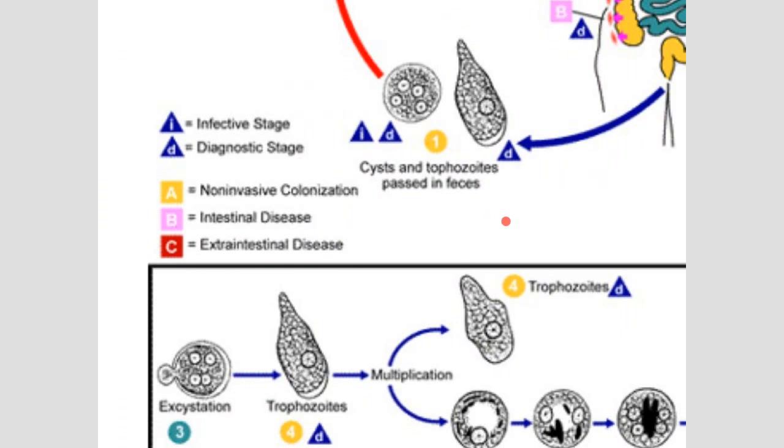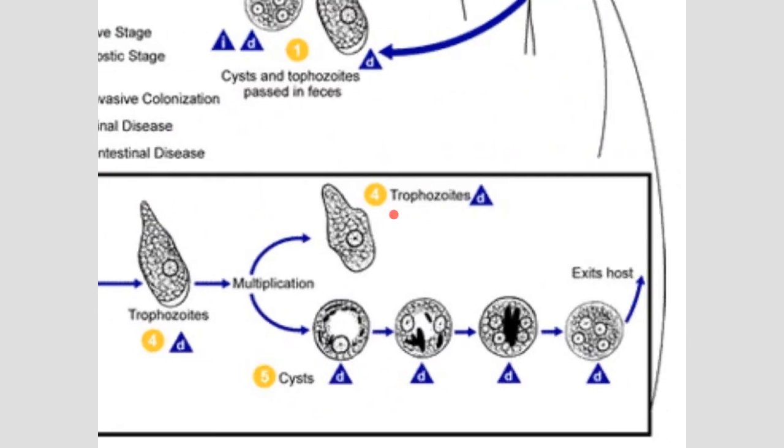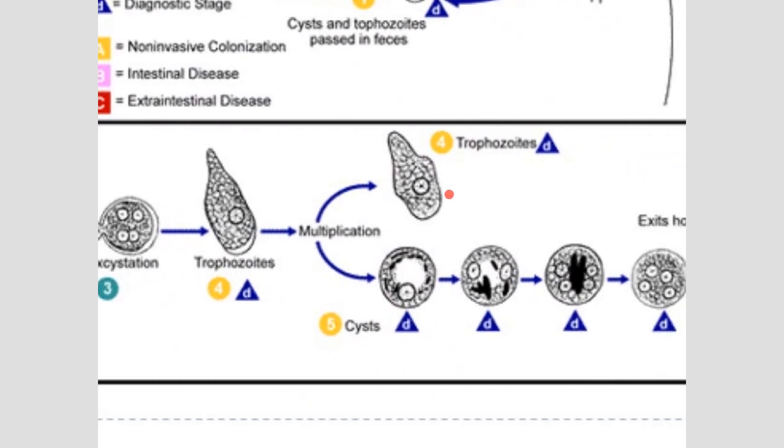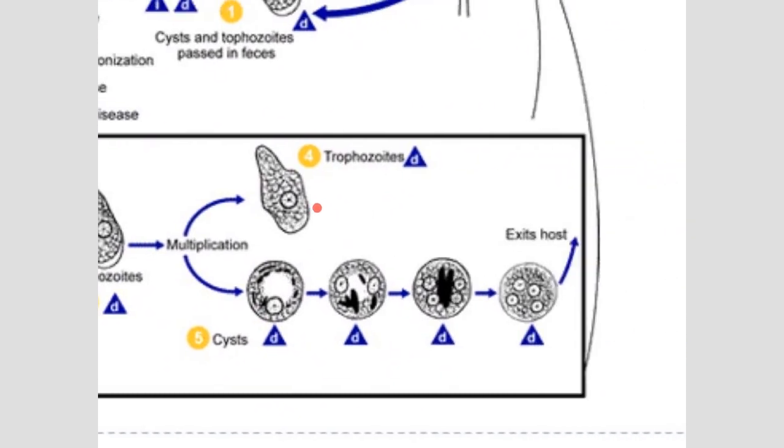Now, if you look at the cycle per se, you will see that we have a multiplication which is taking place from the trophozoite, which will either go towards more trophozoites or go to cysts. And then there are different levels of maturation of the cyst. So you have to look for all these cysts. They're all diagnostic. And diagnostic means they exit the host so they can be seen in samples of stool. That's what I'm trying to say, okay?